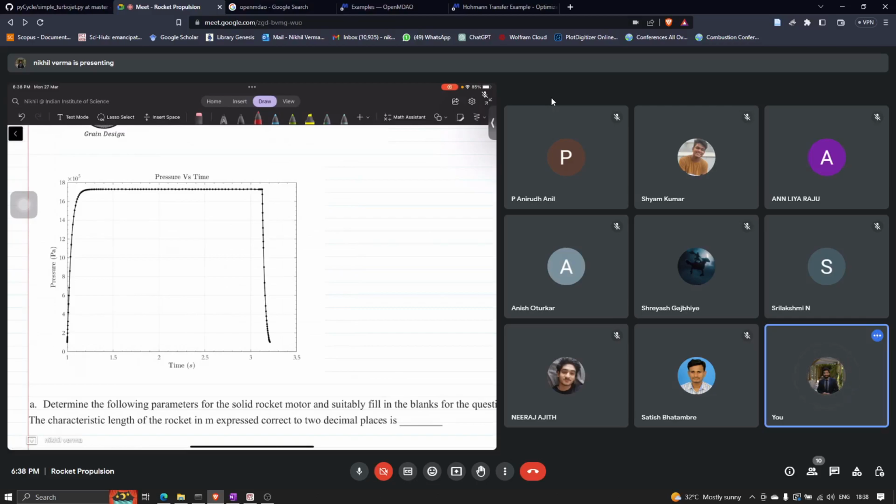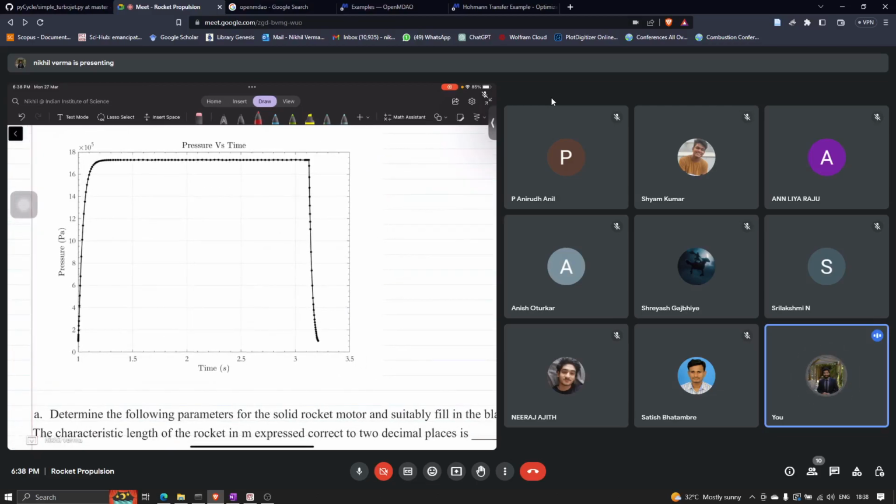This is one of the studies that we did at IISc. We designed a small rocket motor, and we were interested to characterize how the pressure evolves with time. We used sugar rocket propellant, that is potassium nitrate and C12H22O11, that is sucrose. We mixed these two and tried to simulate the pressure versus time graph.